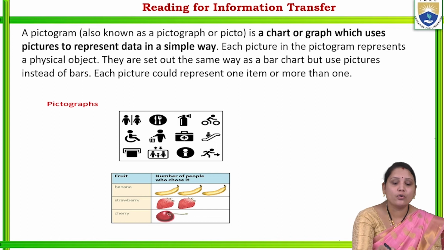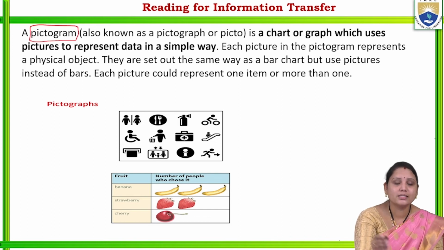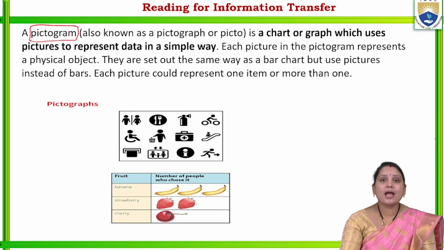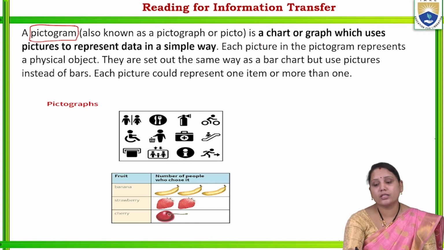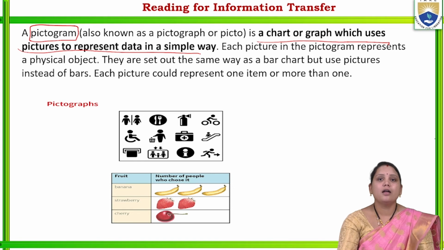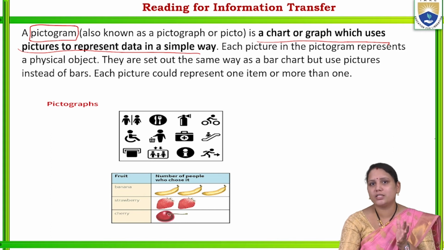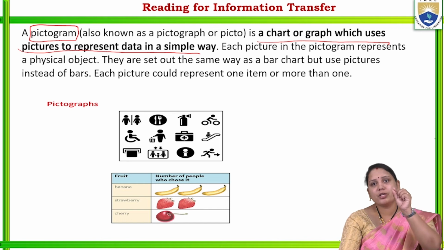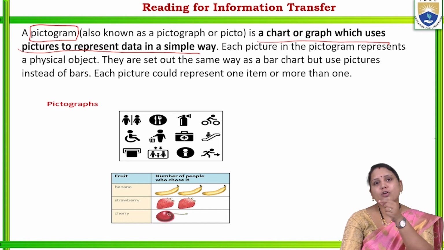Now comes pictogram. What is a pictogram? A pictogram is a pictograph or a chart or a graph which uses pictures to represent data. Mostly we see this in junior kindergarten sessions. We tend to see this mostly. We are habituated, isn't it? There is the pictorial representation of the things.